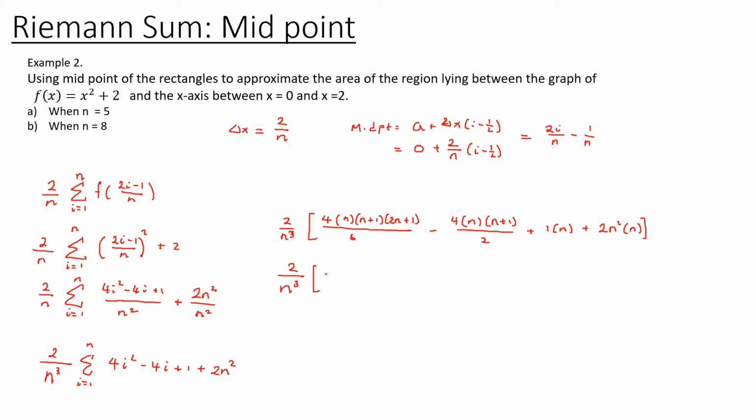And if you multiply them out, you should get 4n to the third plus 6n to the second power plus 2n over 3. 4 over 2 is 2, so you have 2n squared minus 2n plus n plus 2n to the third.